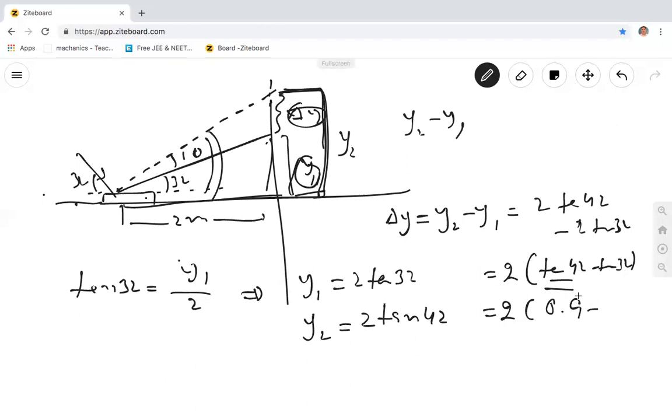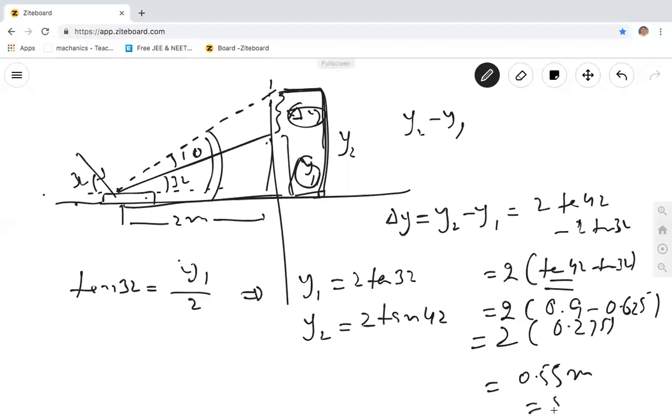And tan 32 is 0.625. Subtract: 0.9 minus 0.625 is 0.275. Multiplied by 2 is 0.55. Meters. 0.55 meters.